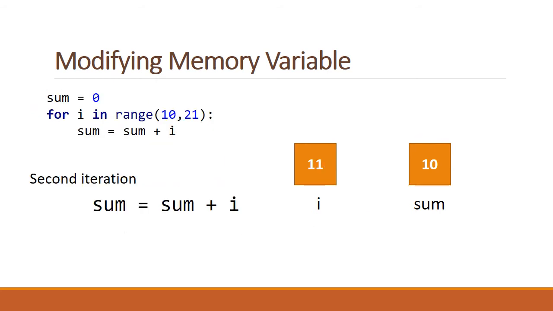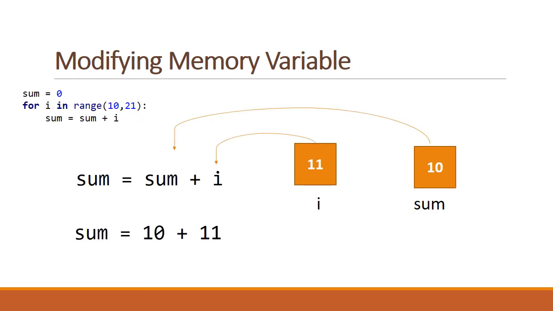Now in the second iteration, i is assigned the value 11. So when the computer executes the statement under the for loop, sum is assigned sum plus i. Sum is 10, and i is 11.